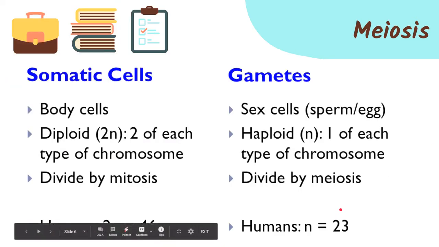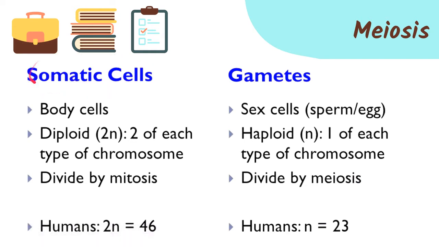So, again, let me emphasize the difference between mitosis and meiosis. Somatic cells, those are your body cells. Somatic, soma, body cells. The parent and the resulting daughter cells are always diploid.